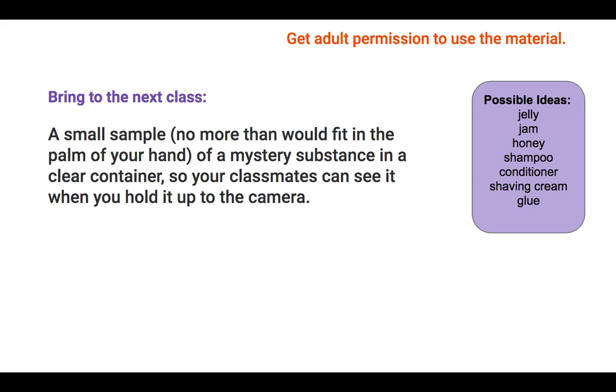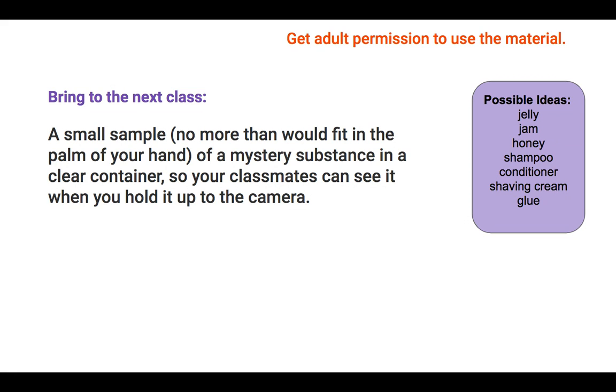Finally, on Friday, we are going to have a special science Zoom class in the afternoon. Please bring to the next class a small sample, no more than would fit in the palm of your hand, of a mystery substance in a clear container so that your classmates can see it when you hold it up to the camera. Possible ideas. These are some suggestions. You could bring some jelly or jam, honey, shampoo, conditioner, shaving cream, glue.